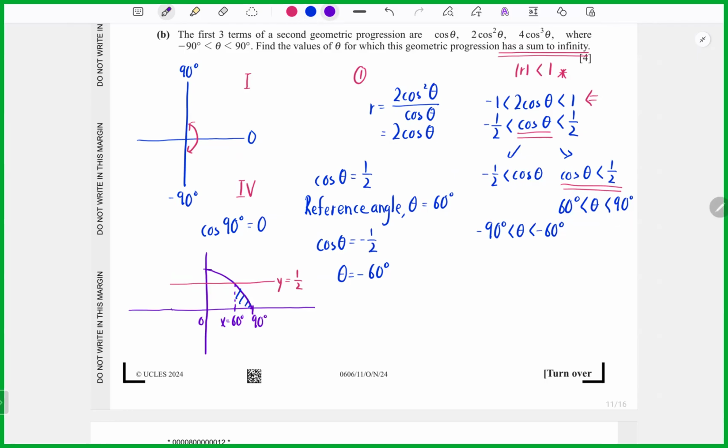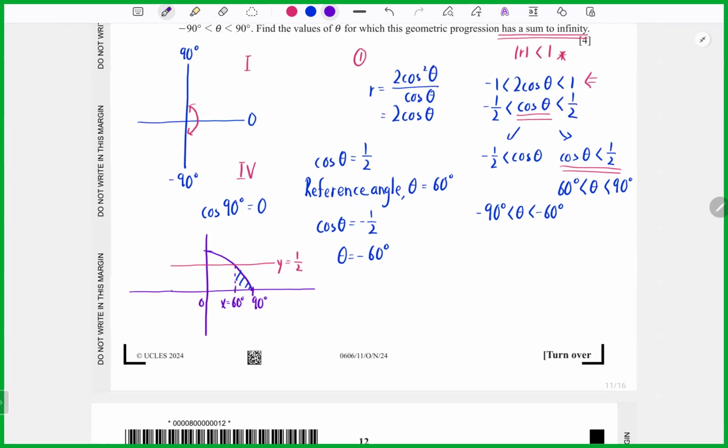And then we try to look at the negative. Checking the answer first.